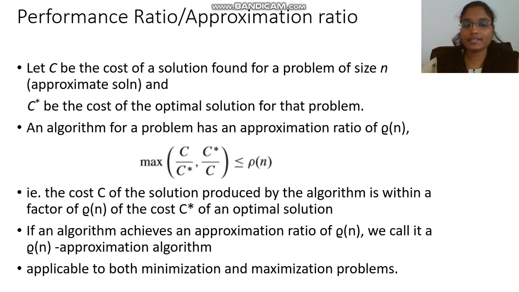What it says is that the cost of the approximate solution we have produced should be within this factor rho of n of the optimal. If an algorithm achieves an approximation ratio of rho of n, we call it a rho of n approximation algorithm. This is applicable to both maximization and minimization problems.